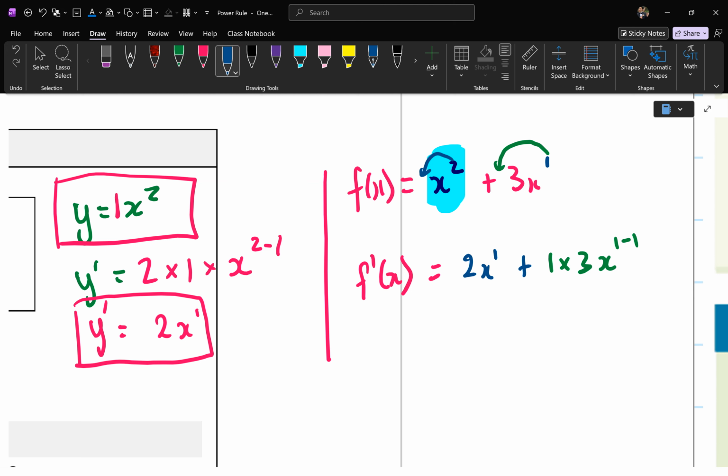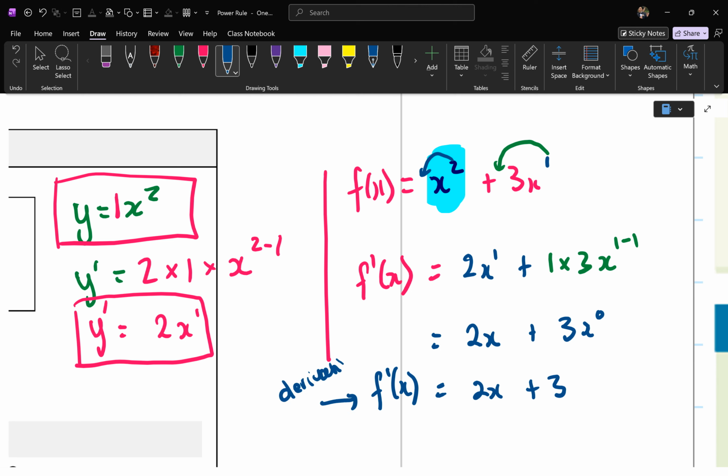So here, let's simplify. This becomes 2x plus 3x to the power of 0. But we know that x to the power of 0 is the same as writing 1. And when you write 3 times 1, that's the same as saying 2x plus 3. This now gives you what we call the derivative. What is the derivative?